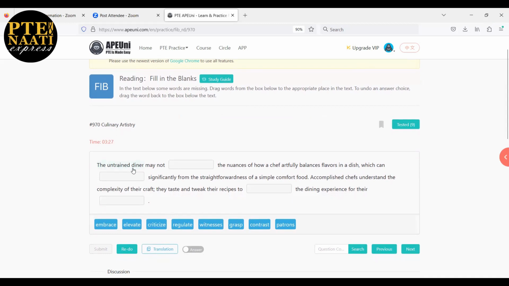The untrained diner means those who are taking food may not grasp the nuances of how a chef artfully balances flavors in a dish.